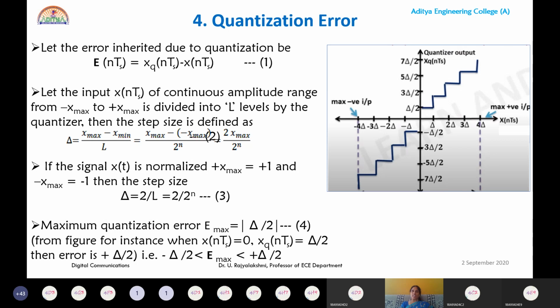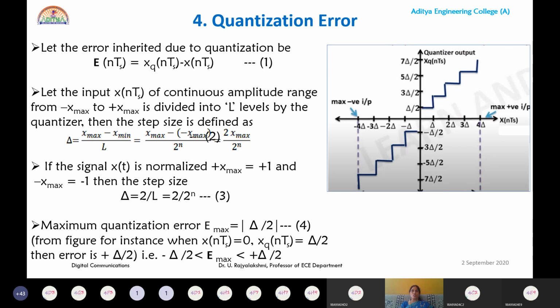The error is again output minus input, that is minus 3 delta by 2 minus of minus delta, so you get minus delta by 2. So during the negative staircase response, the error at any instance is minus delta by 2, and during the positive staircase waveform, the error is plus delta by 2.